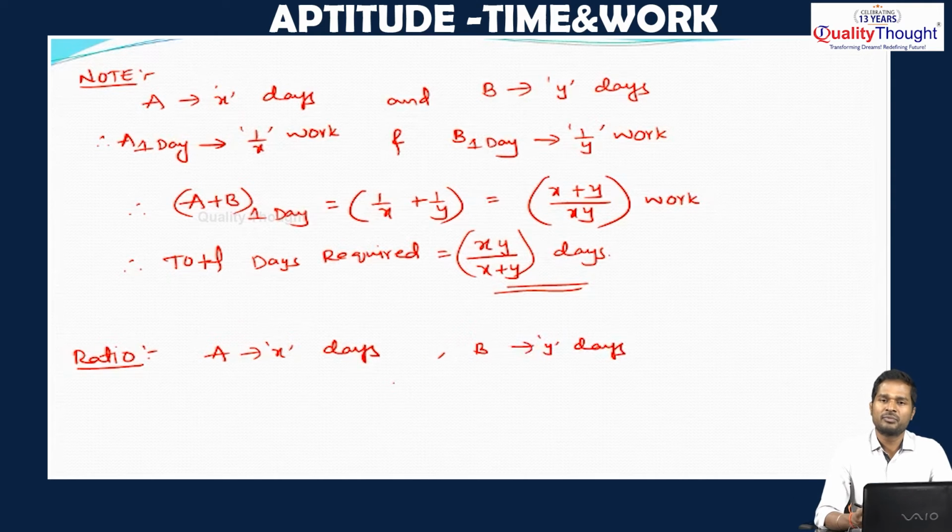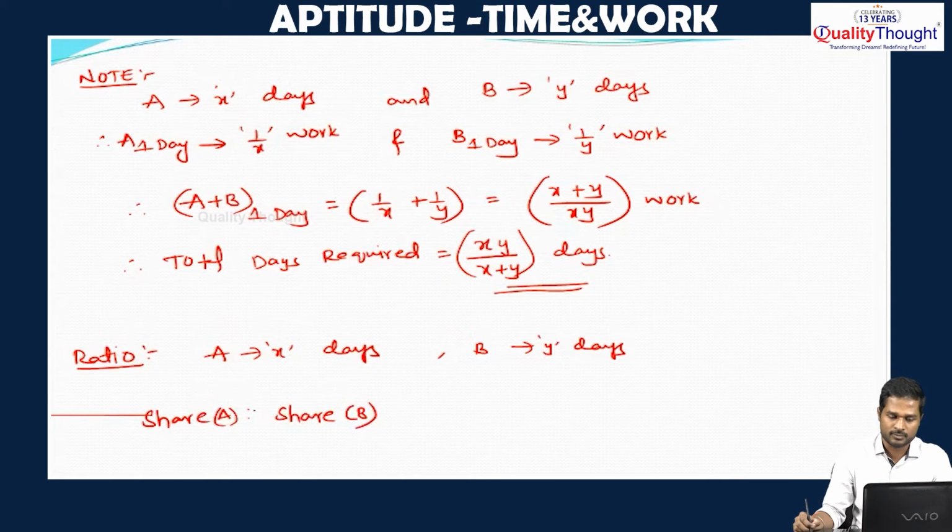Then, once they complete the work, assume they got some profit, for example 5,000 or 10,000, then how the money will be distributed between A and B. So, the shares of A and B will be written.